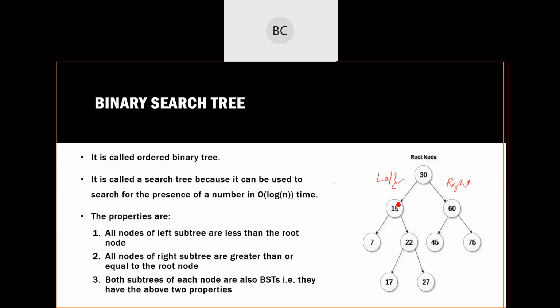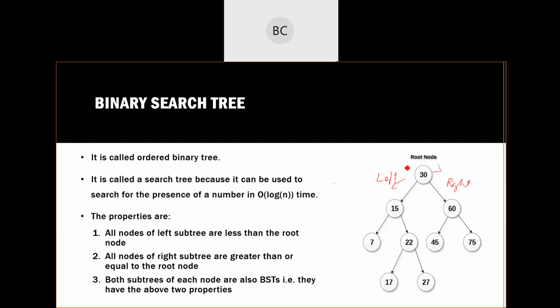All the nodes on the left side are smaller than 30: 7, 15, 22, 17, 27. All are less than the root node. And on this side you can see 60, 45, 75. All are greater than your root node.